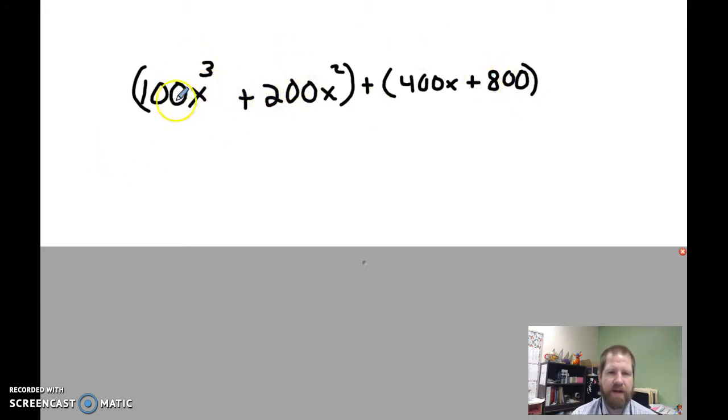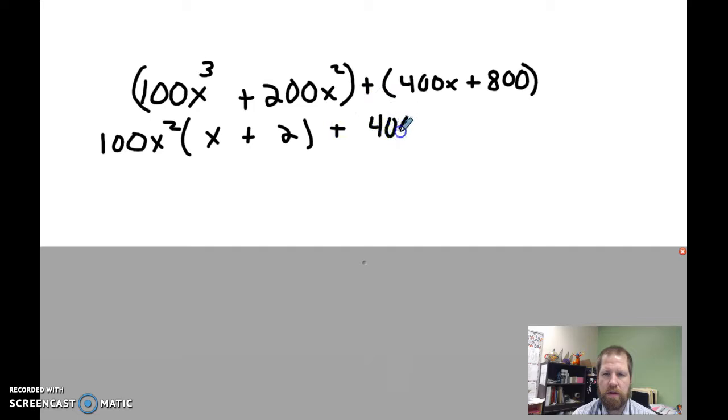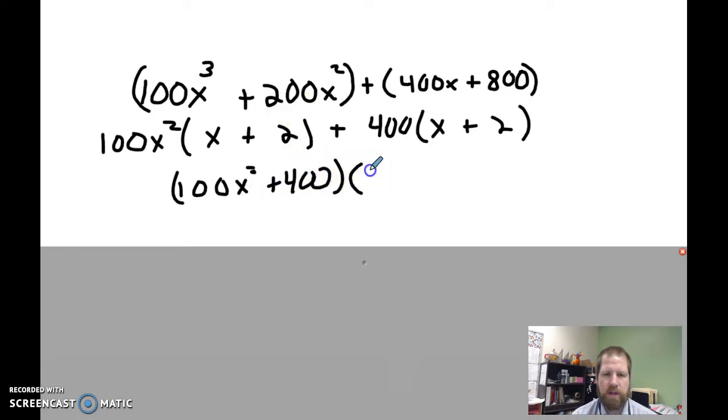Okay, and if we pull out our common factors, we have 100x squared times x plus 2, and we have 400 times x plus 2, and that'll give us 100x squared plus 400 times x plus 2.